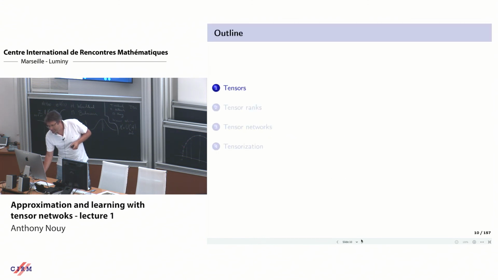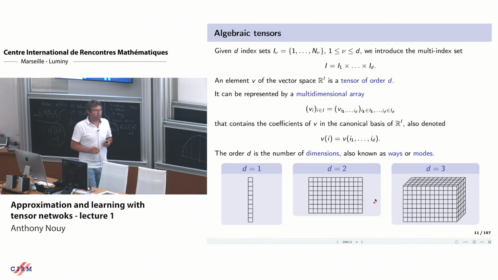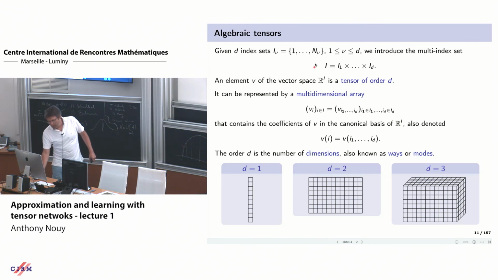Okay, so first let me introduce what is a tensor. So first you will have a very intuitive introduction of tensors here. If you are given d index sets, I_nu, which are integers from 1 to n_nu, I introduce a multi-index set I, which is a product of I_1, I_2, until I_D.